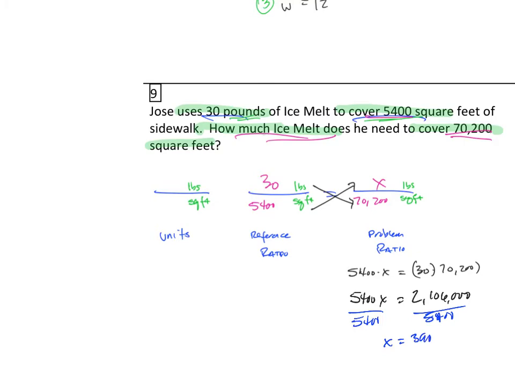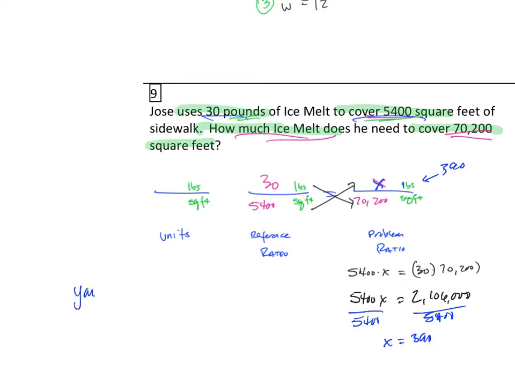Now, of course, we're being asked a question, so we have to write an answer out. We were trying to figure out what is our solution to x, and that's how many pounds. So what we just answered is we need 390 pounds to cover 70,200 square feet. So that's how we write our answer.